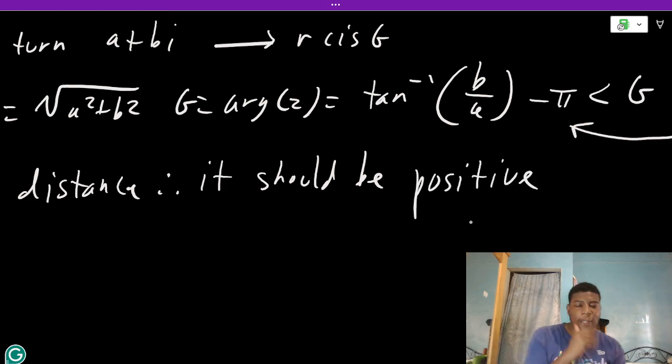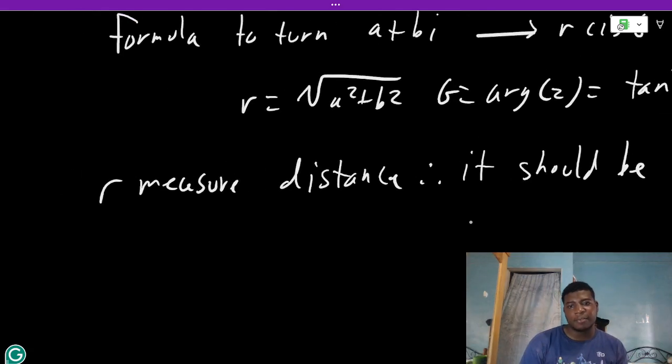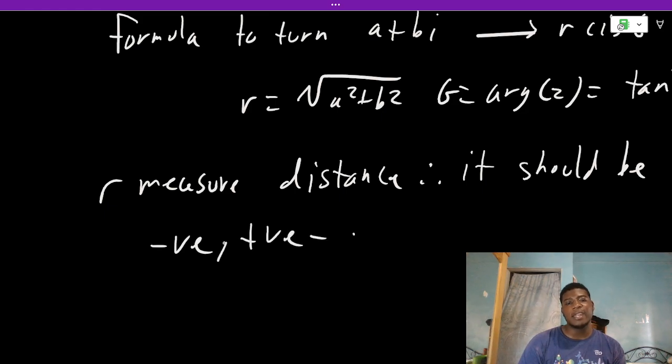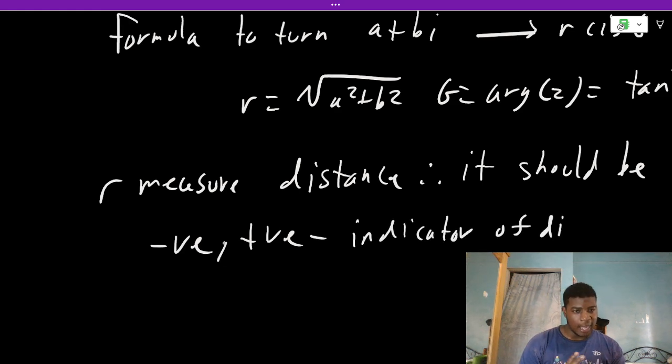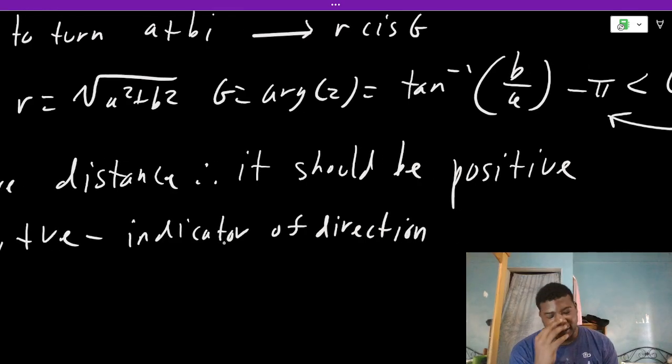Why would it be negative? It's not like it's a measurement of speed. Negative and positive signs are indicators of direction, in terms of maths, vectors and physics.